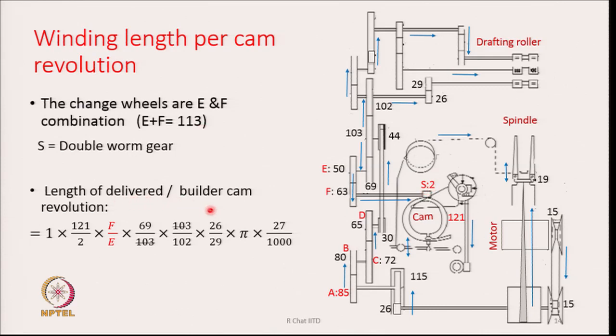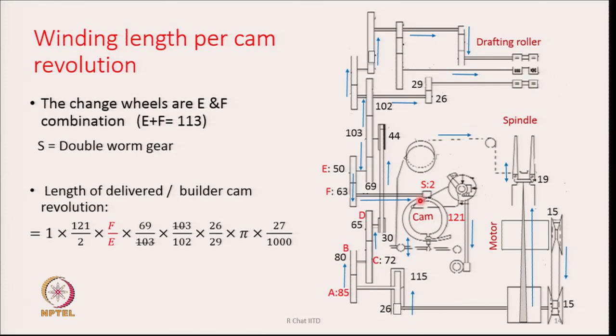Length of yarn delivered per builder cam revolution is how much? We want to calculate that if this cam revolves by 1 revolution, then how much length of yarn is delivered. That means, as if the cam is the driver, and from here we go through this set of gears and reach the front drafting roller, then you will be able to find out for 1 revolution of the cam how much yarn length is delivered.